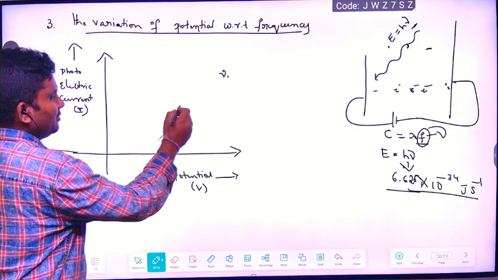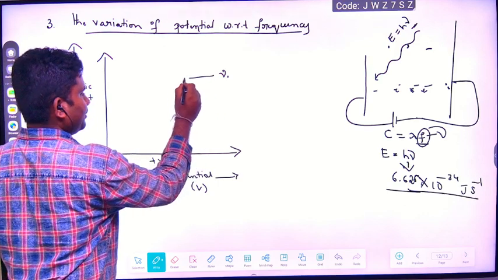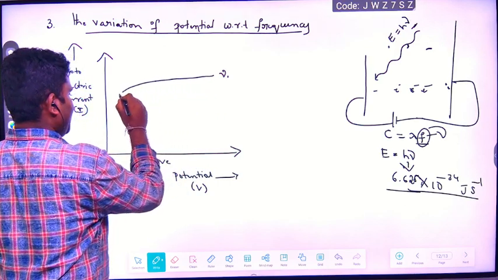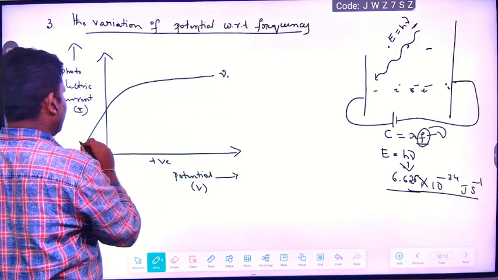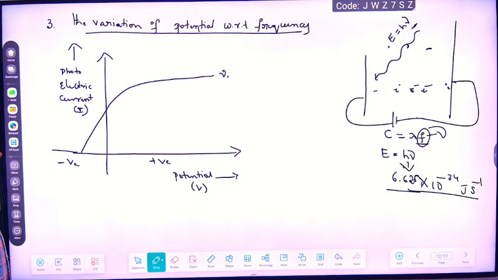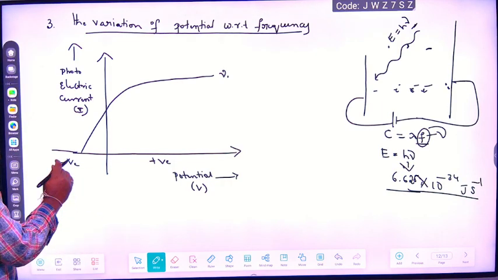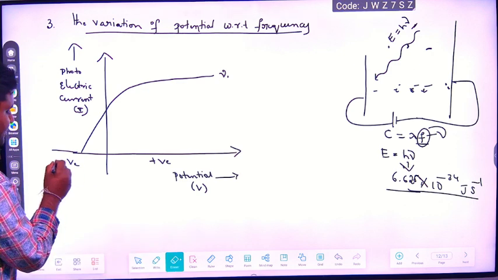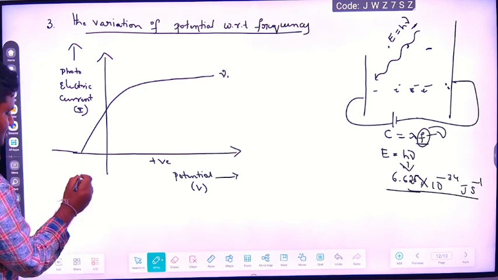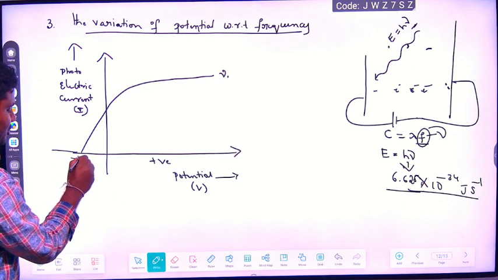Now you see the stopping potential is something; I will write it here as minus V01.